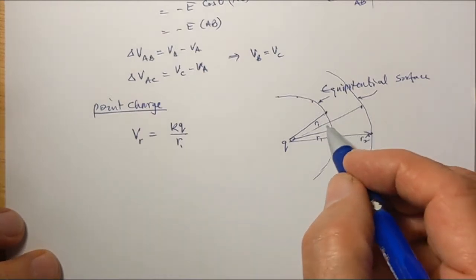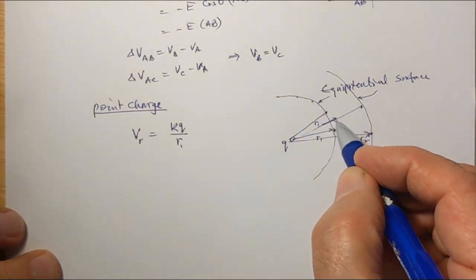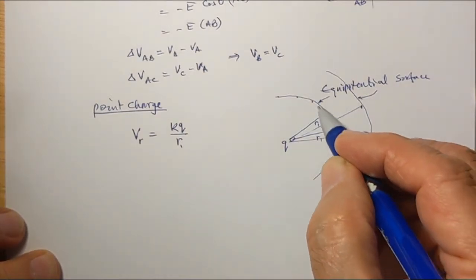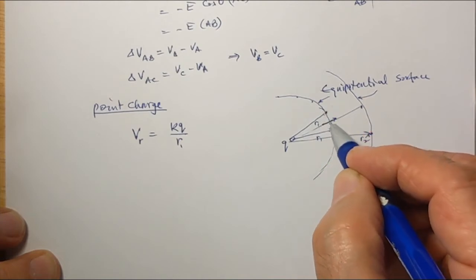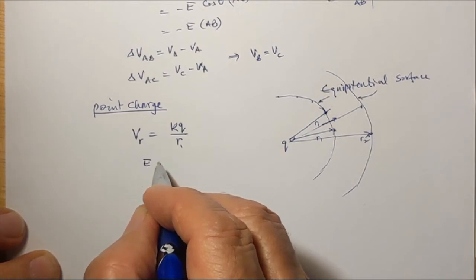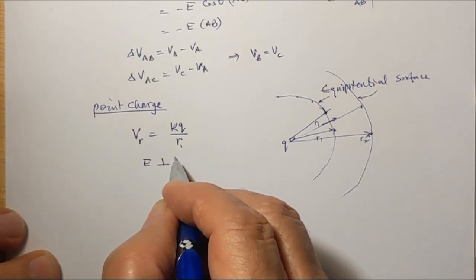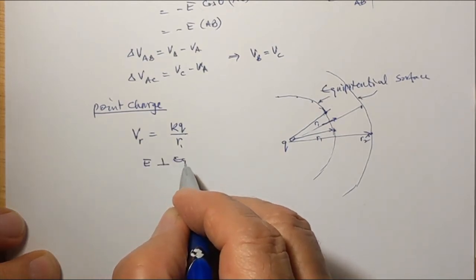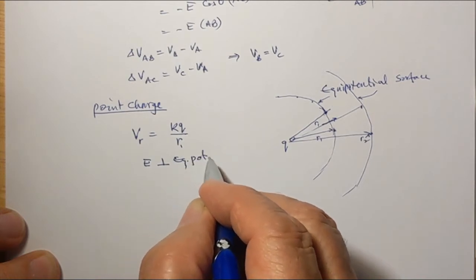Now the electric field line here will be pointing outwards. The equipotential surface will be like that, and they will be perpendicular to each other. So we will find that the field is perpendicular to the equipotential surface.